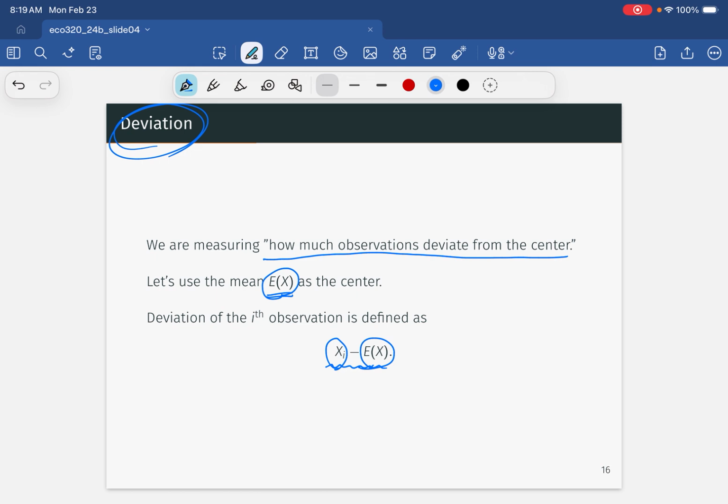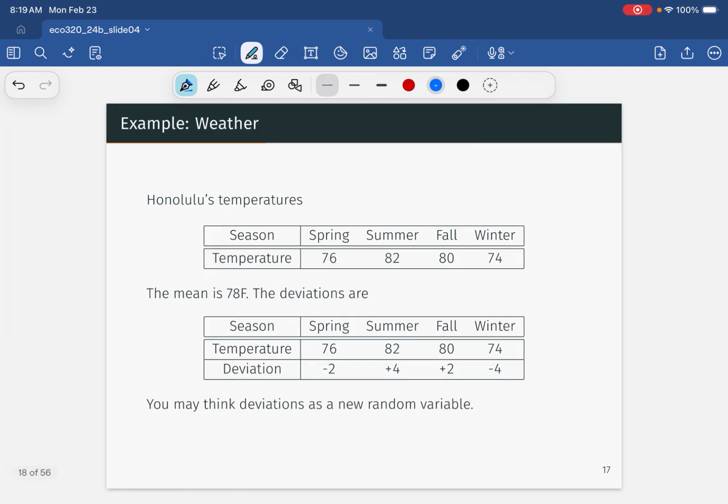That's the deviation, right? So let's think about an example like Honolulu's temperatures, made easy as a numerical example. Suppose that you observe 76 degrees in spring, 82 degrees in summer, 80 degrees in fall, 74 degrees in winter. You only have four temperatures, okay?